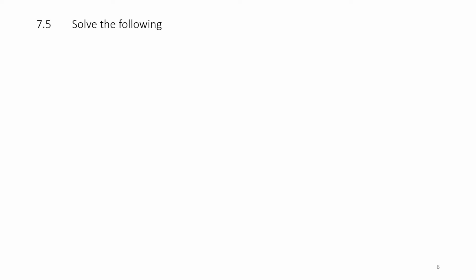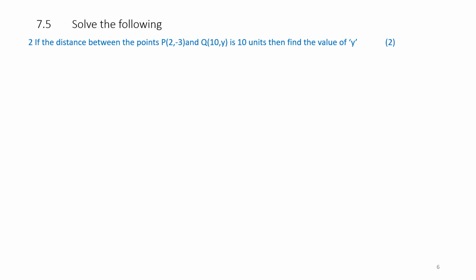Then section 7.5, solve the following. If the distance between points P (2, minus 3) and Q (10, y) is 10 units, then find the value of y. Please read again. This is a 2-mark question.